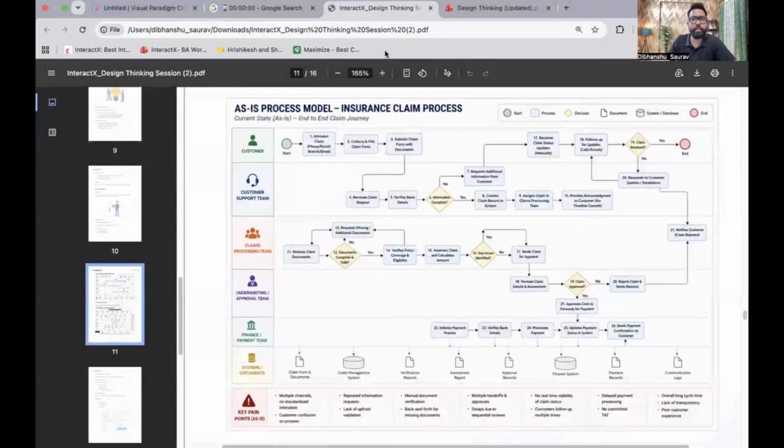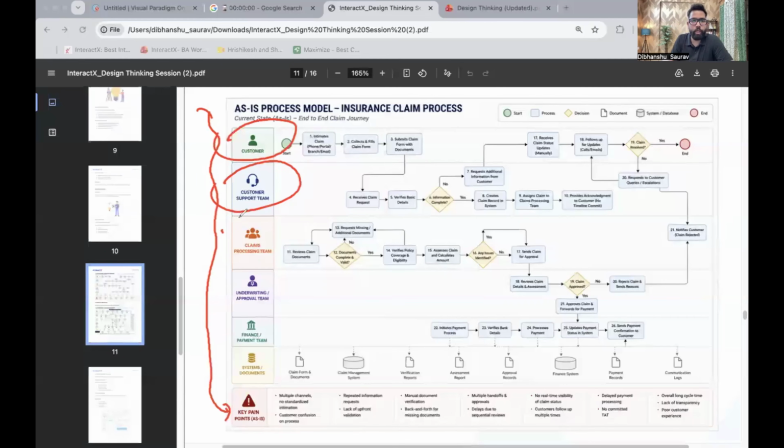If you look at the as is, the current process of this insurance claim, there are multiple departments involved: customer, customer support team, claim processing team, underwriting approval team, finance or payment team, and there are certain systems or supporting documents for them to process a claim.